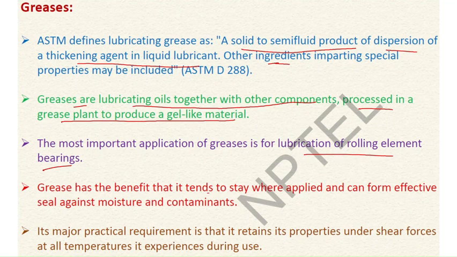Grease has the benefit that it tends to stay where applied and can form an effective seal against moisture and contaminants. Its major practical requirement is that it retains its properties under shear forces at all temperatures it experiences during use.